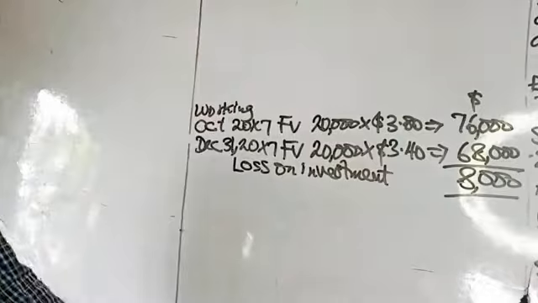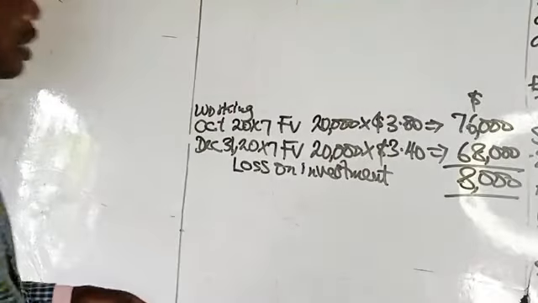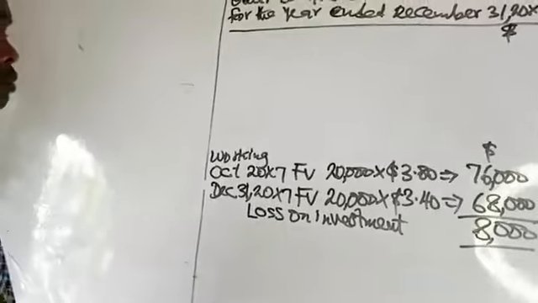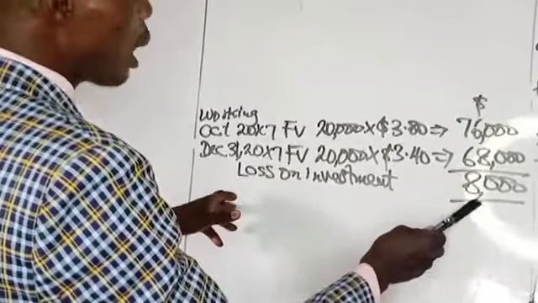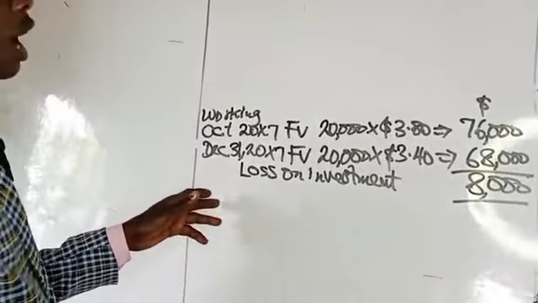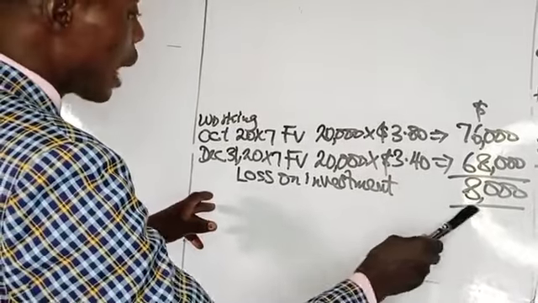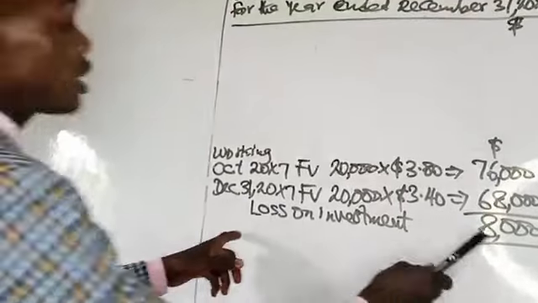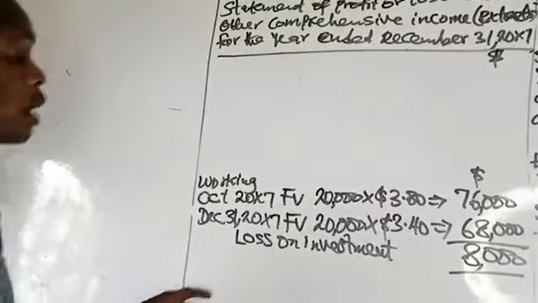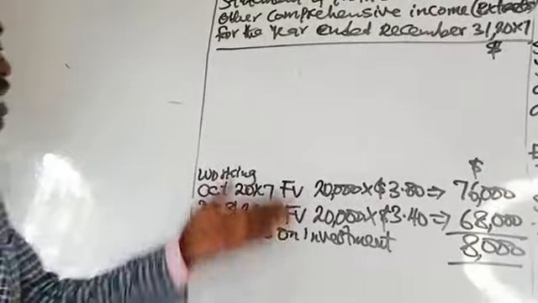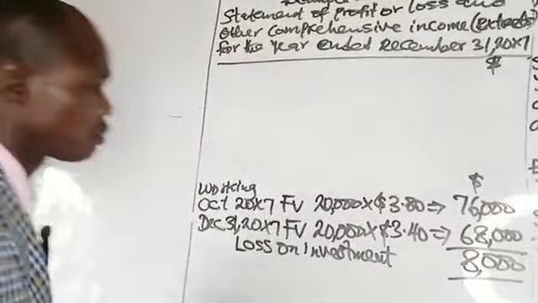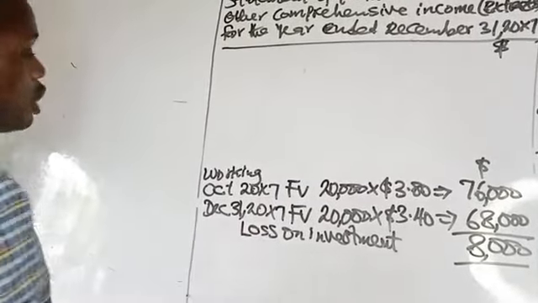This loss on investment, aside from the fact that it will be recognized as other comprehensive income on the face of the statement of profit or loss and other comprehensive income, must equally be recognized in the equity section of the statement of financial position.